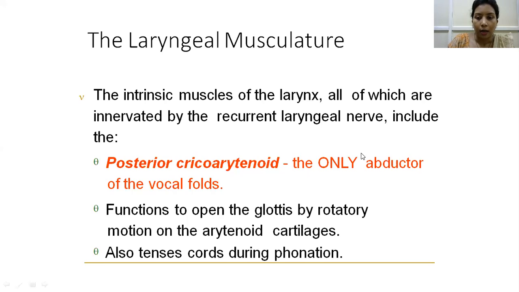There are multiple adductors, mainly your lateral cricoarytenoid, your transverse arytenoid, then the cricothyroid muscle, then also your external part of your thyroarytenoid muscle.